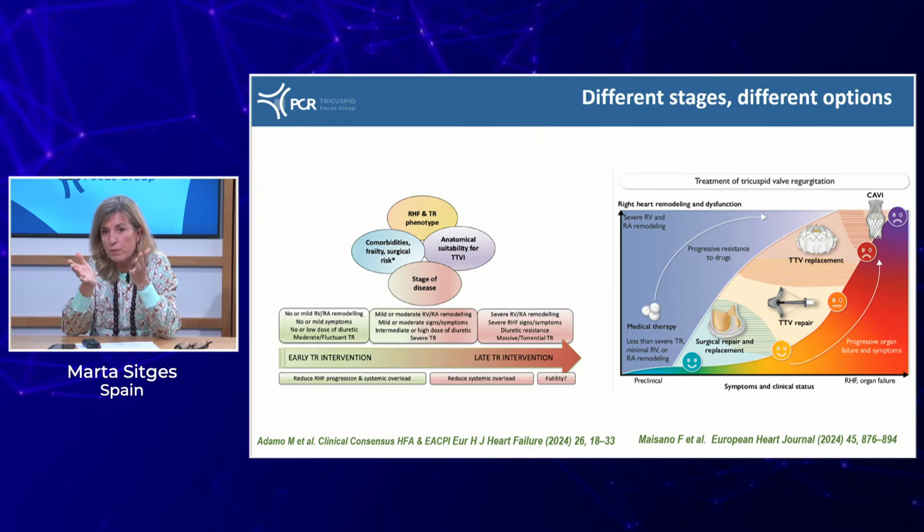And I think this is very important because, of course, the benefit of the intervention may be different in extent. But whether we are earlier or later, we still have a margin and different options for these different presentations at different stages. And I'm sure work will further develop on this.